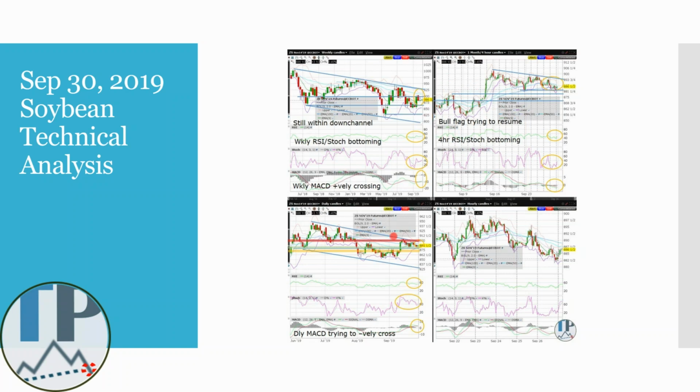But if you extrapolate a little bit from the daily chart as well, you could see that if we had a successful break in the days or week after this screenshot was taken, that break higher would coincide with a break above this key 900 psychologically whole figure level. Okay, so that's for soybeans.